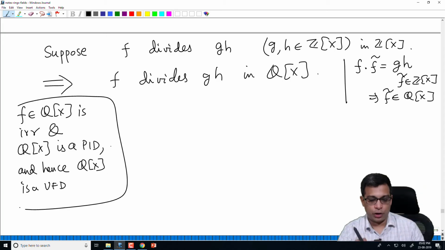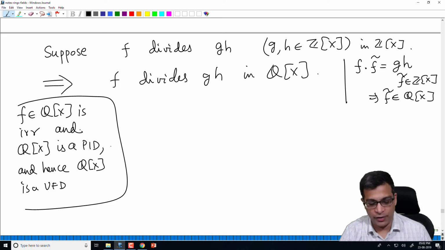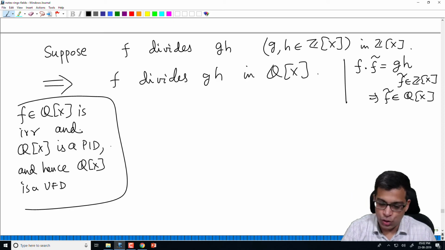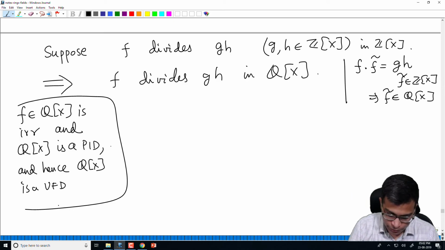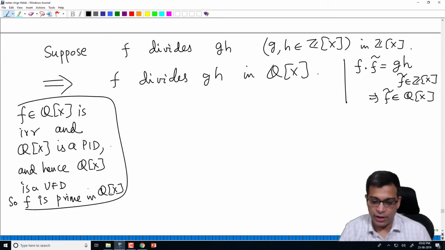This is the sequence of arguments. F is a polynomial in Qx which is irreducible and Qx is a PID because it's a polynomial ring in one variable over a field. So hence a UFD, because a PID is automatically a UFD. So f is an irreducible element in a PID, so f is prime in Qx. So any irreducible element is prime.